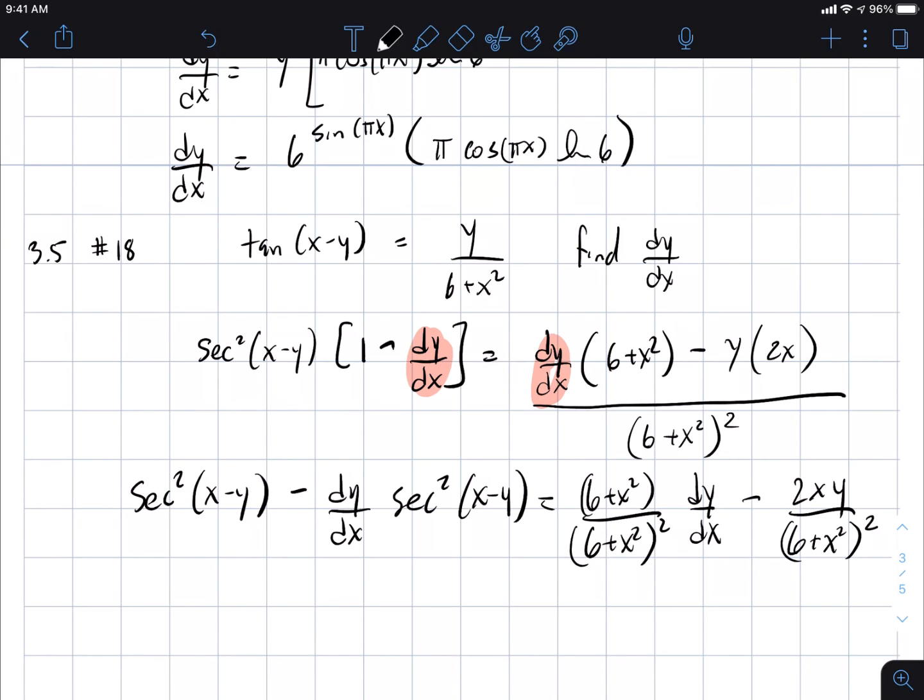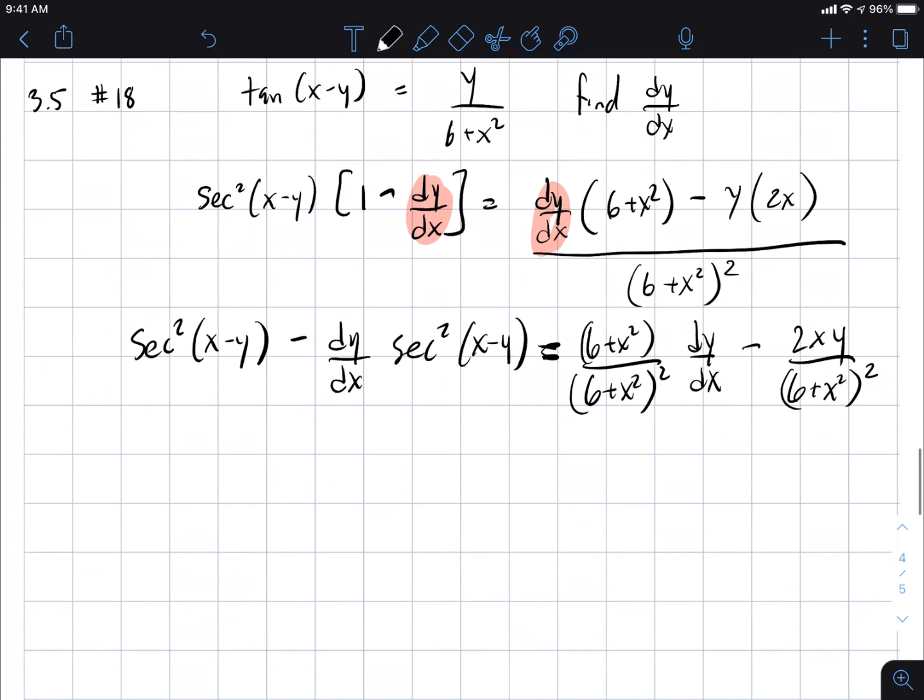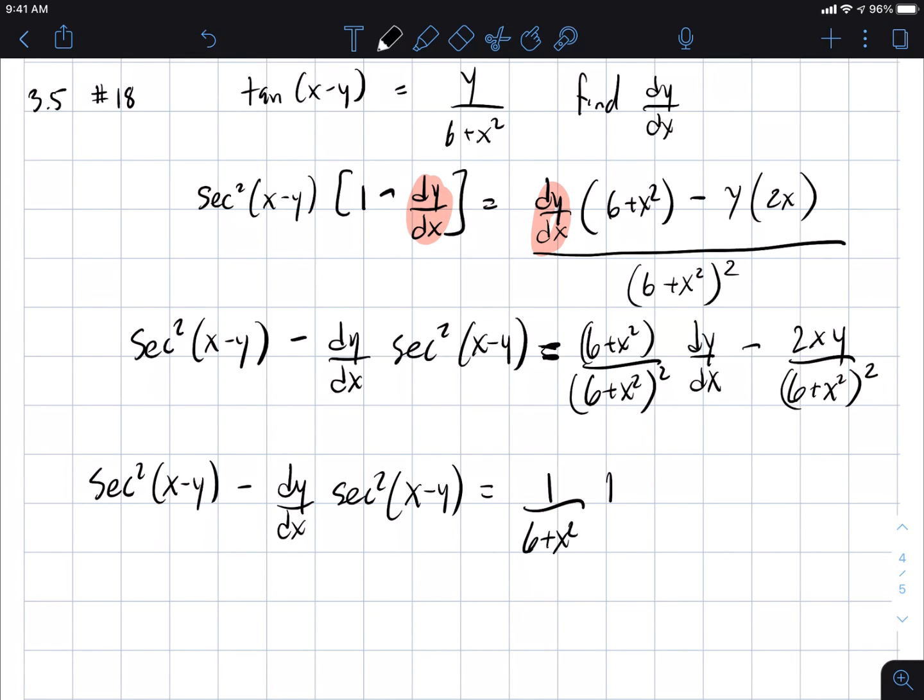Are we okay with that? I'm not trying to skip steps so you guys can all see. I'll clean it up before I gather. This is going to be 1 over 6 plus x squared dy dx.